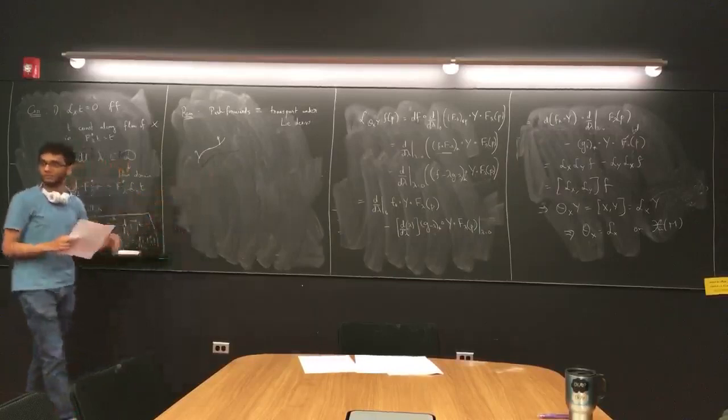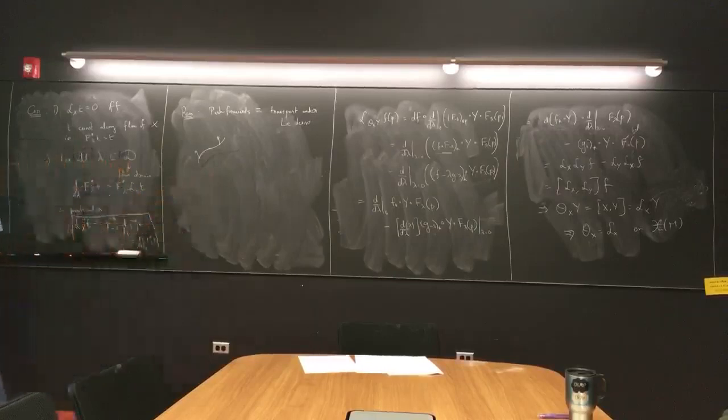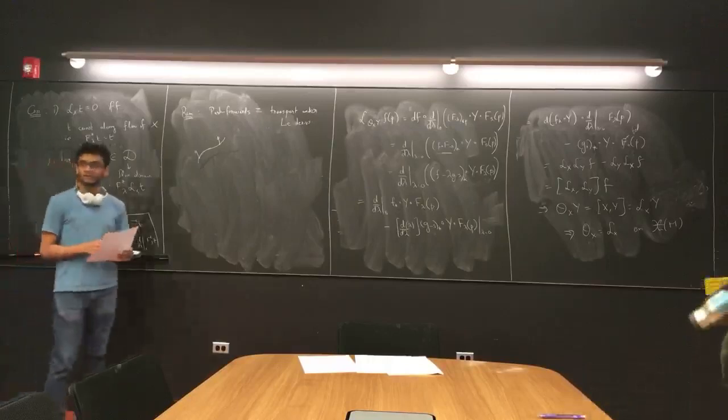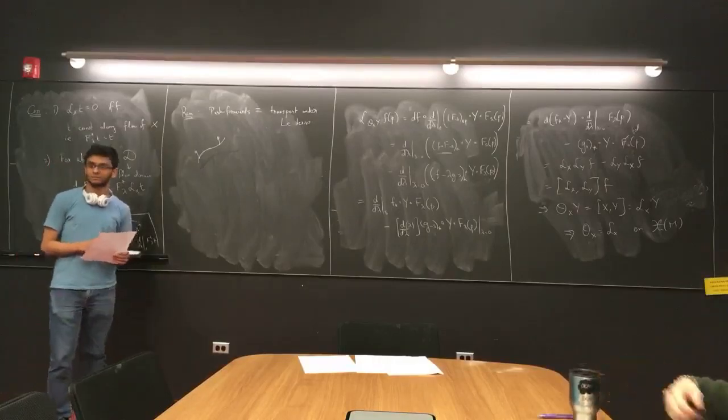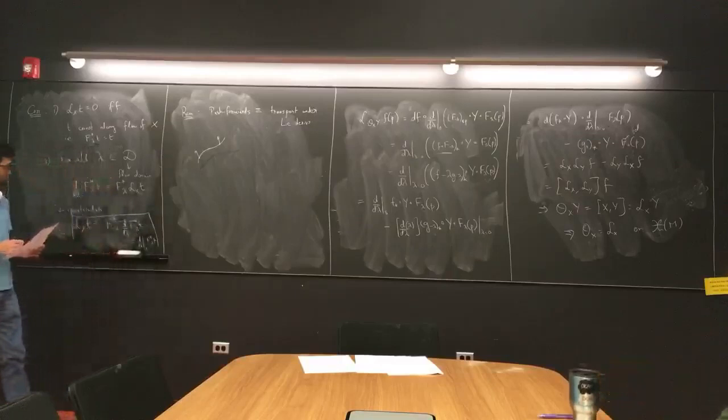So if we reparameterize our paths, we get a different Lie transport. Is there an easy way to see that from this prescription for transporting tensors?